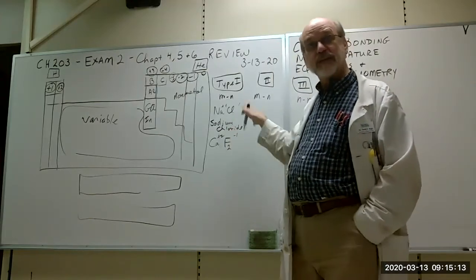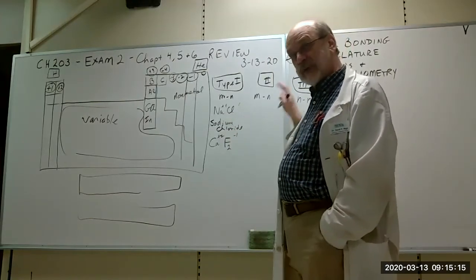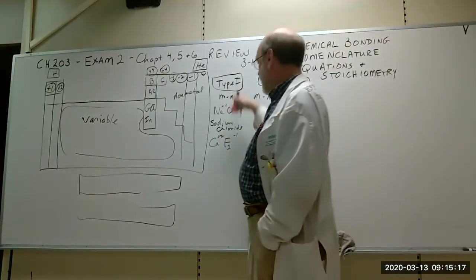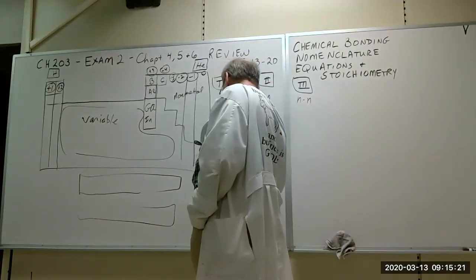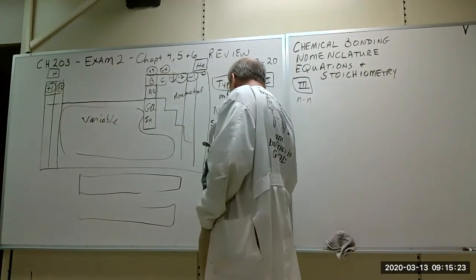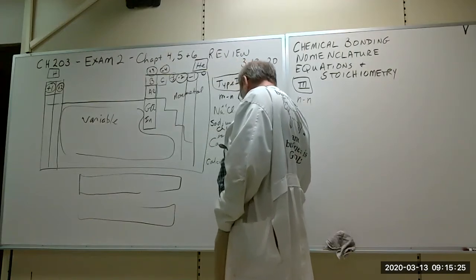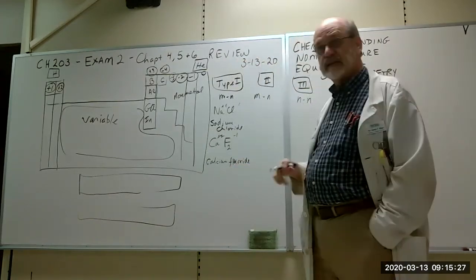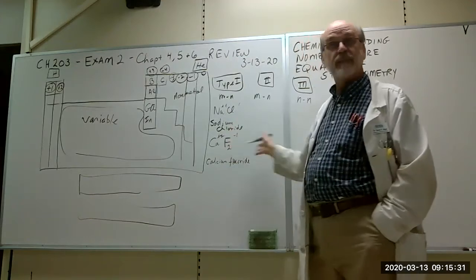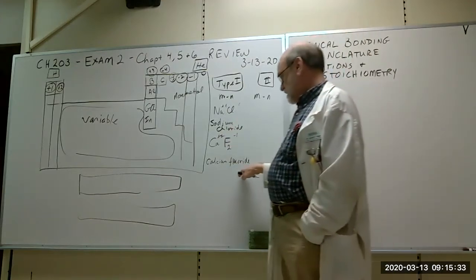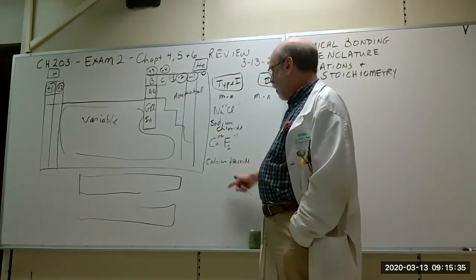So that's how you would write that one. And then you name it with our type 1 convention, just say calcium fluoride. That's it. You don't say anything about the charge. You don't have to say anything about how many there are, because this can only be that.